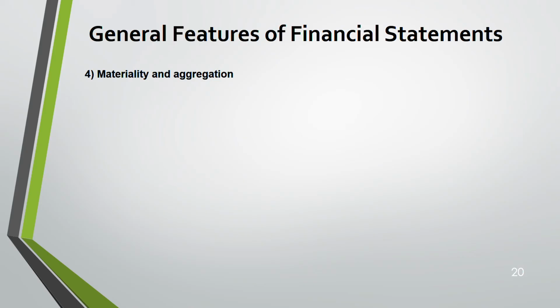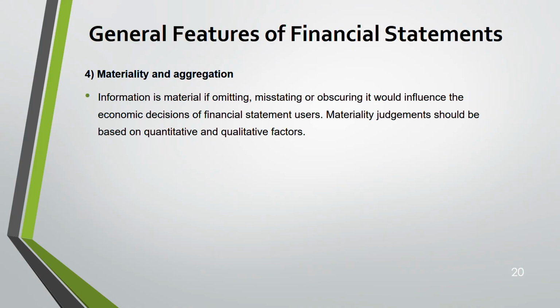The fourth feature is materiality and aggregation. That means when you are disclosing something, you are presenting it based on materiality and aggregation. What is materiality, by the way?